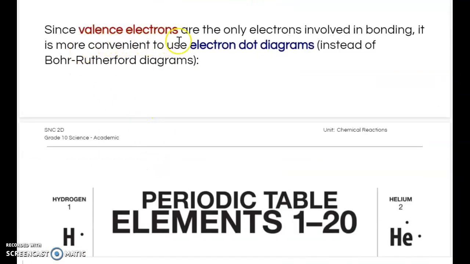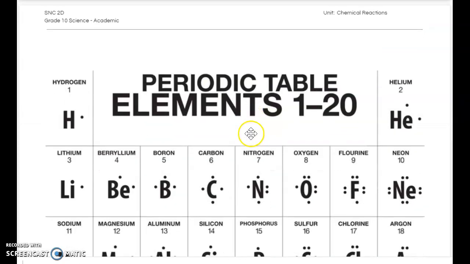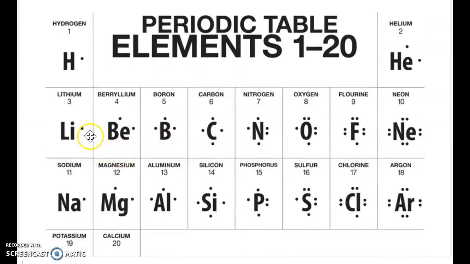Since valence electrons are the only electrons involved in bonding, it is way more convenient to draw electron dot diagrams instead of Bohr-Rutherford diagrams, as the electron dot diagram only tells us the number of electrons in the outer shell of that neutral atom.